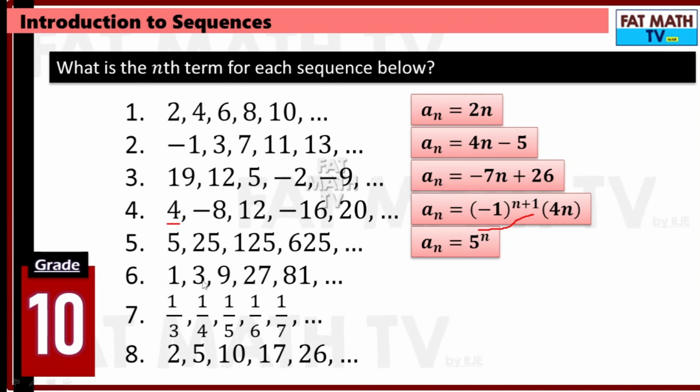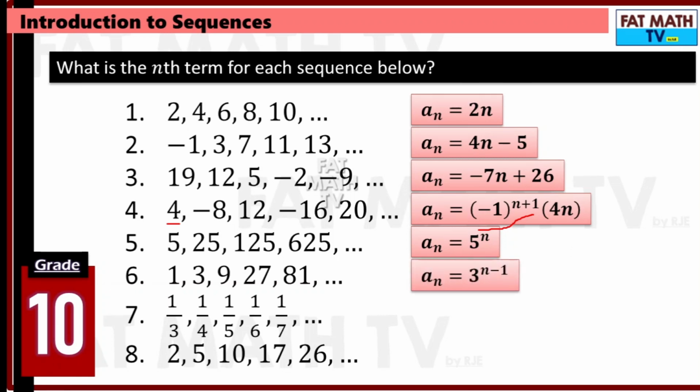For number 6: 1, 3, 9, 27, 81. That's times 3, times 3, so it has to be 3 raised to n. But if n is 1, 3 raised to n is going to be 3. In this case, the first term is 1. So you have to subtract 1 from the exponent.